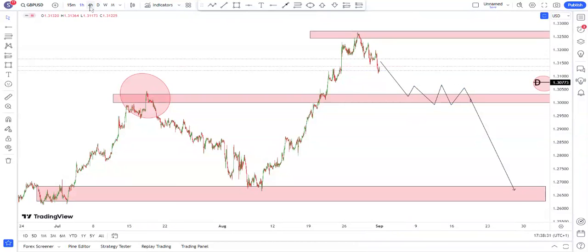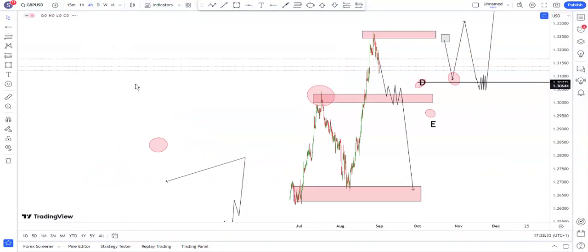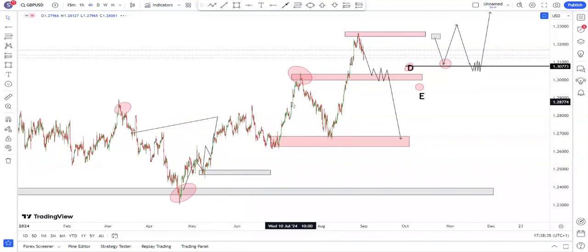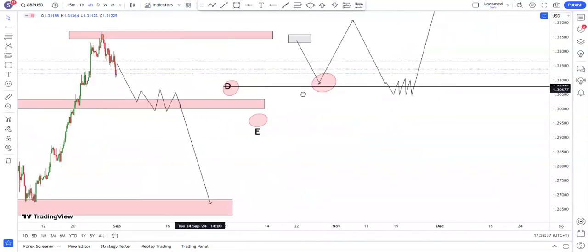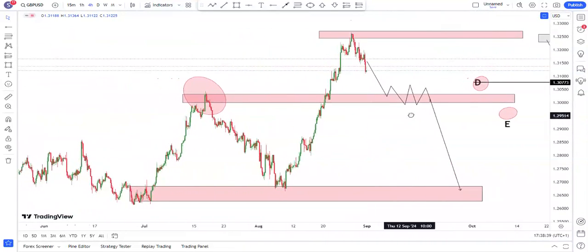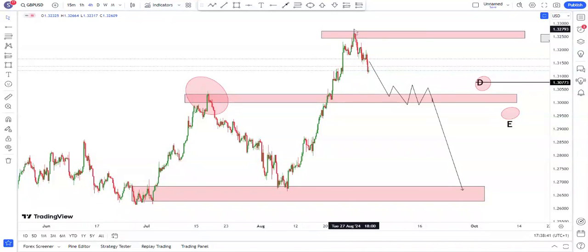We use the 4 hour time frame to identify our previous support and resistance. Anytime the market comes to this support and resistance, because we are drawing from a higher time frame, this is support one, this is resistance, this is support, this is the recent resistance it created. So it's coming down to react on this resistance.